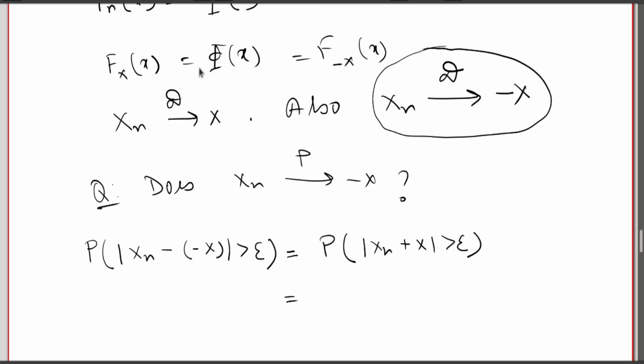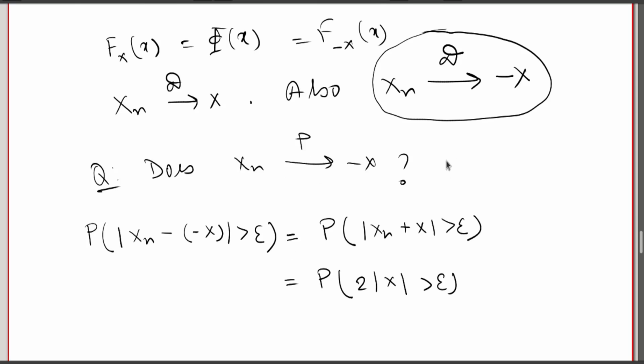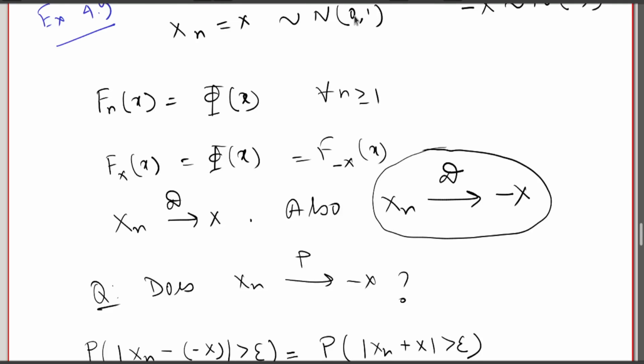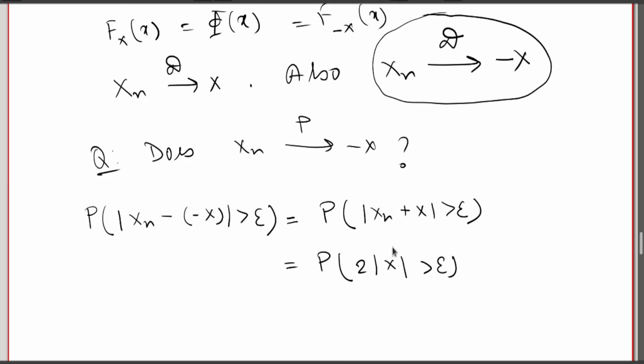So this quantity is the same as the probability that mod of Xn plus X is greater than epsilon, and because Xn is X, it is nothing but the probability that 2 times mod of X is greater than epsilon. Now we know X has a normal 0,1 distribution, so this quantity is the probability that mod of X is greater than epsilon by 2.